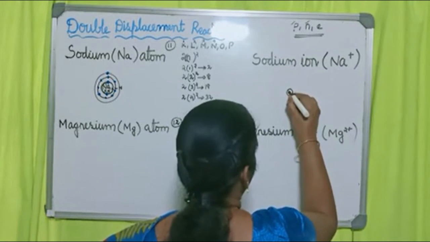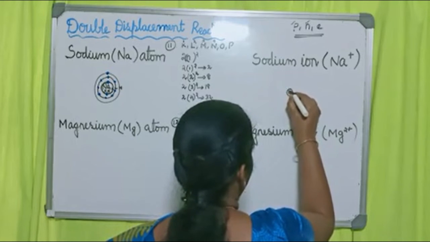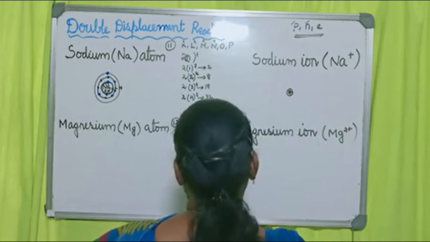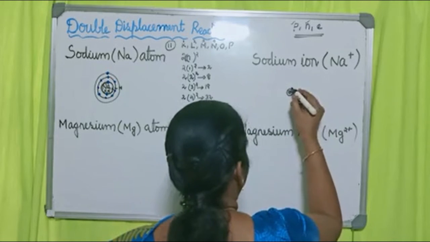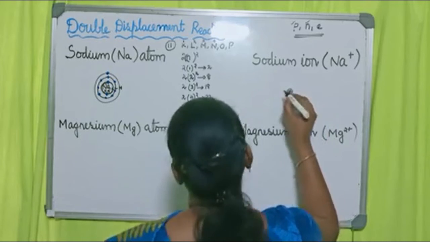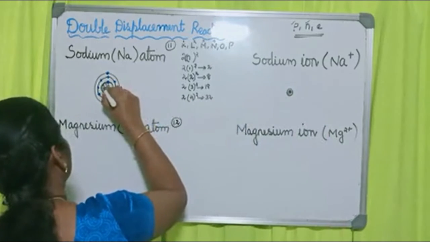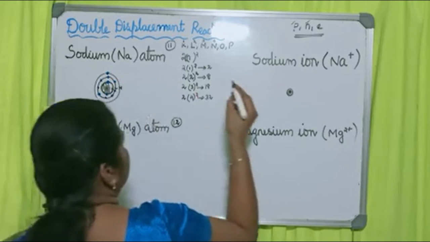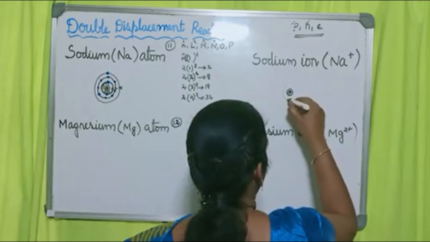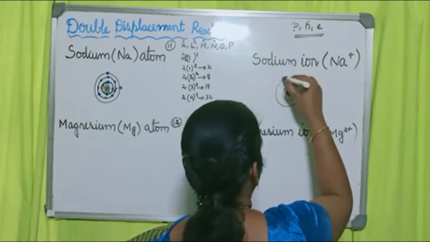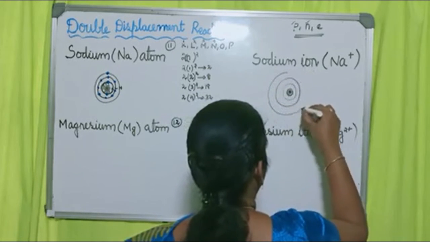Inside this nucleus, what will be there? Same, protons and neutrons will be there. Now, the first one is the K shell. The next one is the L shell. The next one is the M shell.